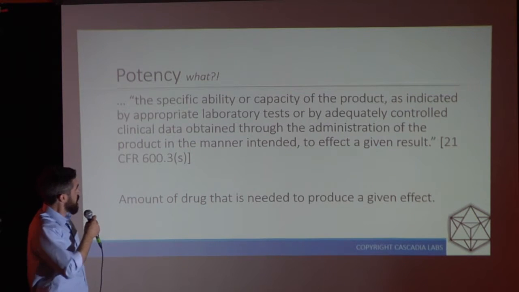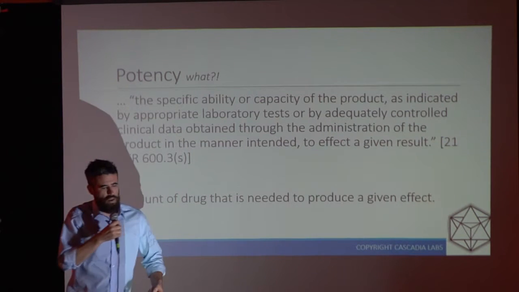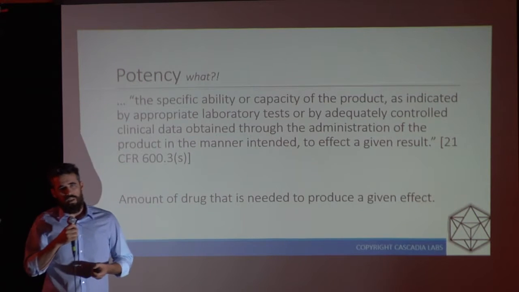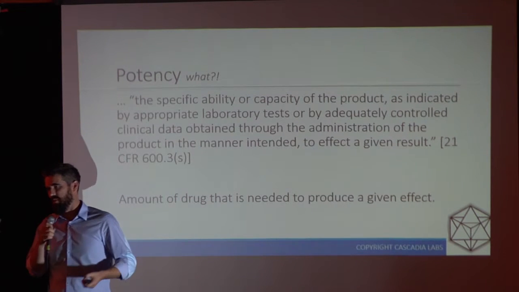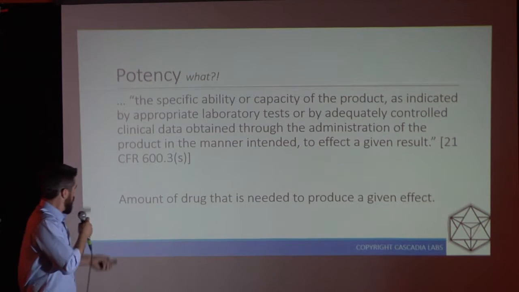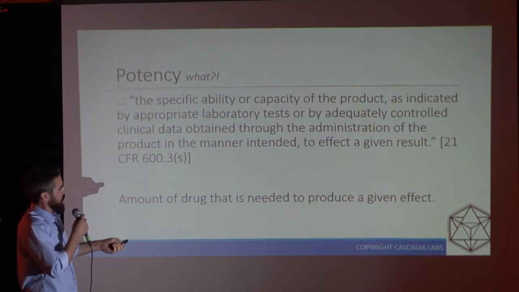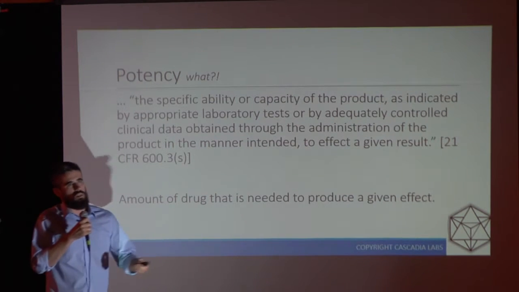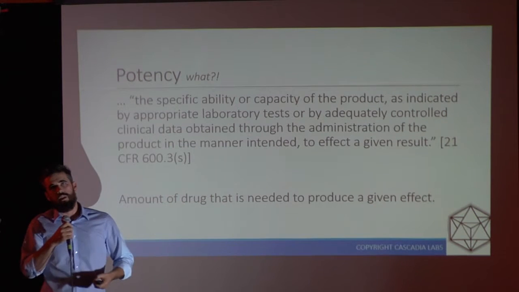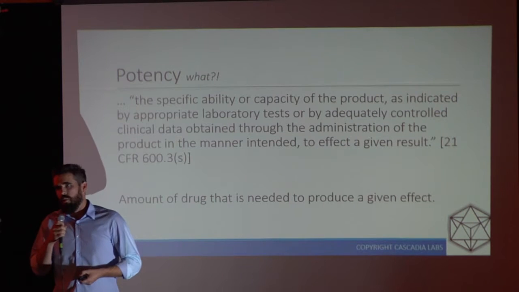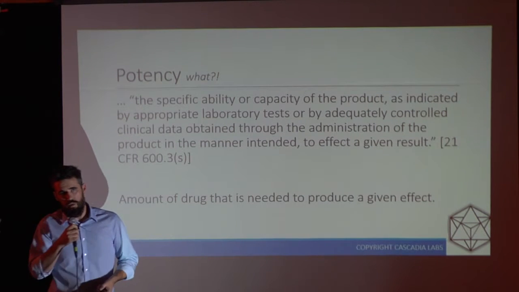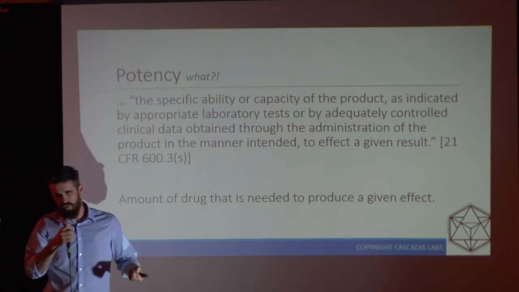So potency. Potency is really looking at the ability of a product to enact a specific response or a desired response of those compounds, for the amount of drug product that is necessary to achieve a desired effect. So thinking of cannabis and delta-9 THC, one of the noted effects is euphoria.